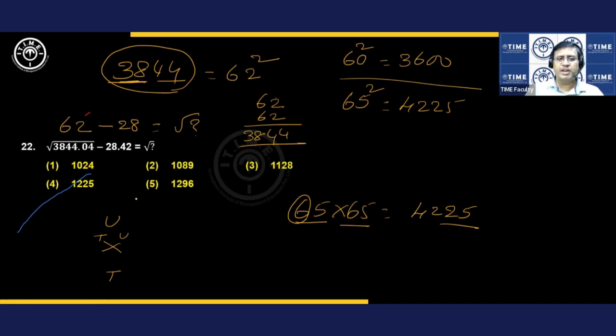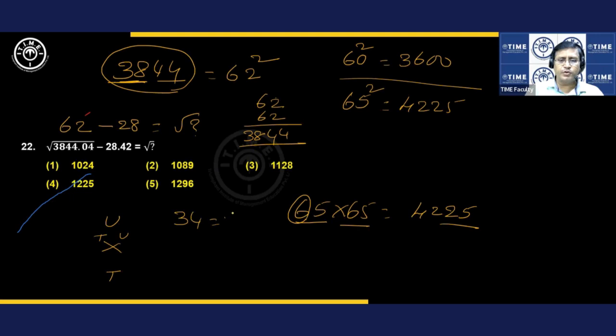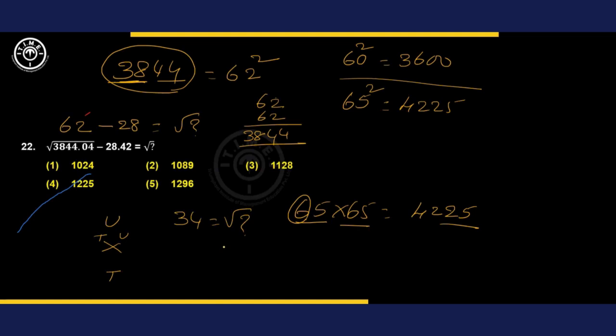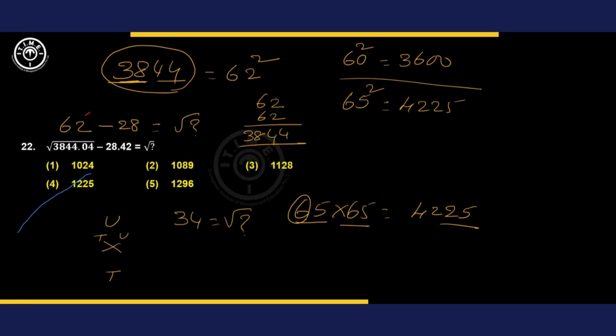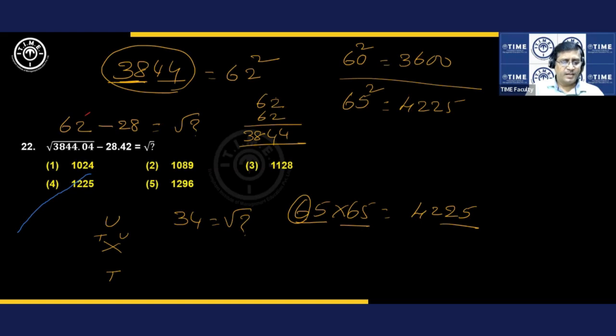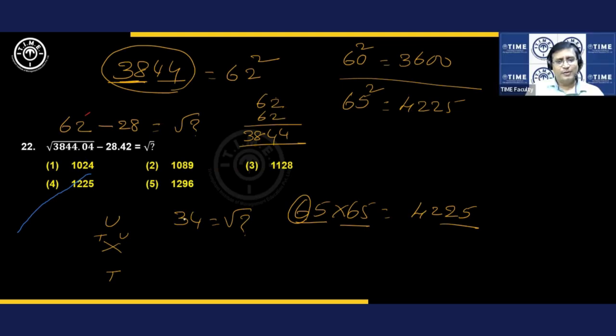So 62 minus 28. What is the value of 62 minus 28? 34. 34 is equal to the square root of question mark. What is 34 square? 1225? 1296? 1156.